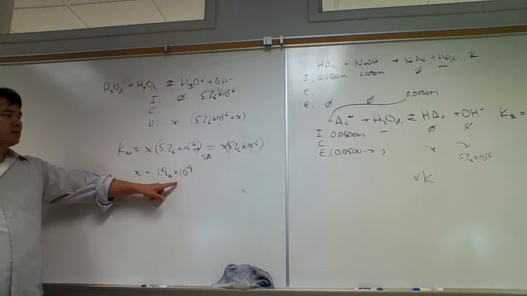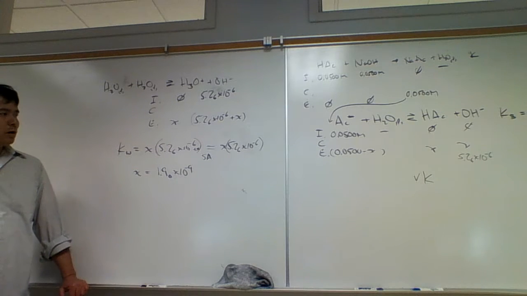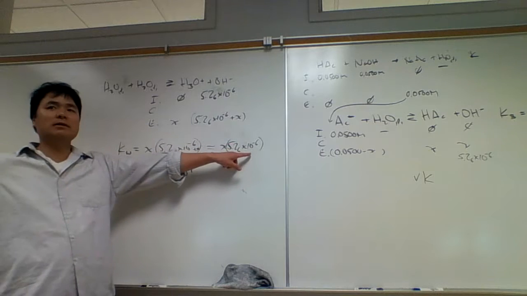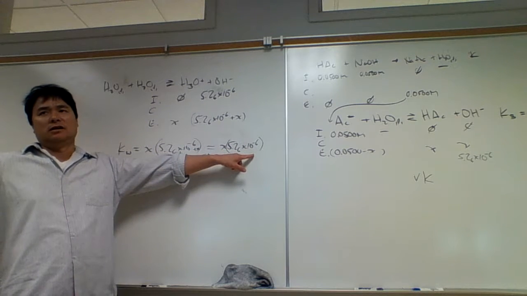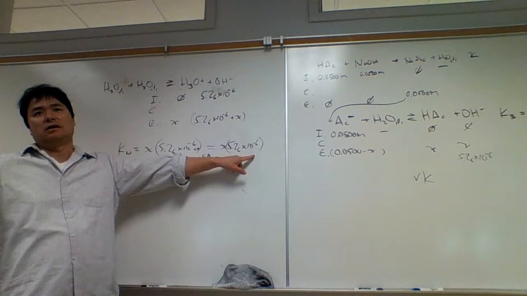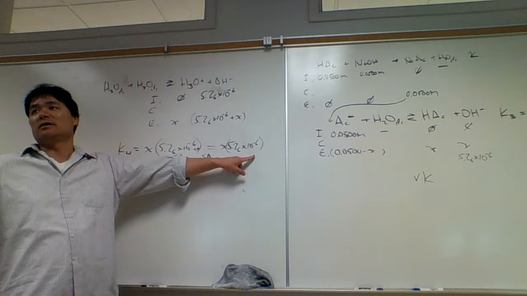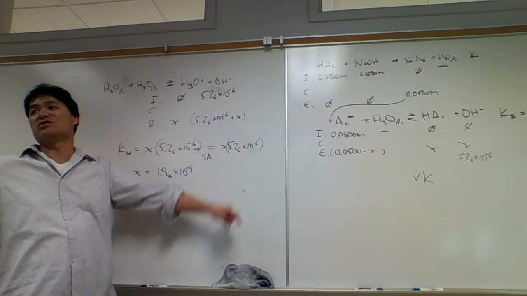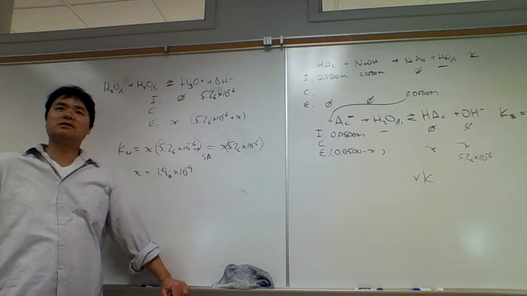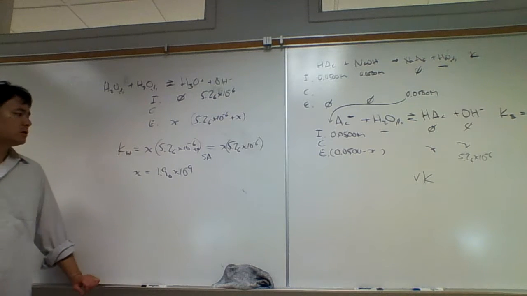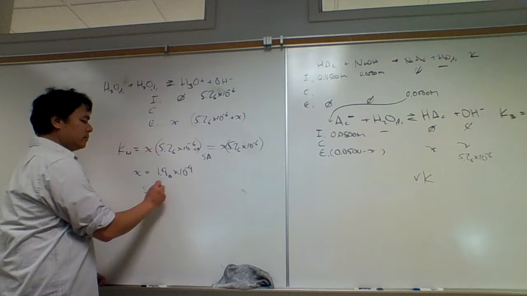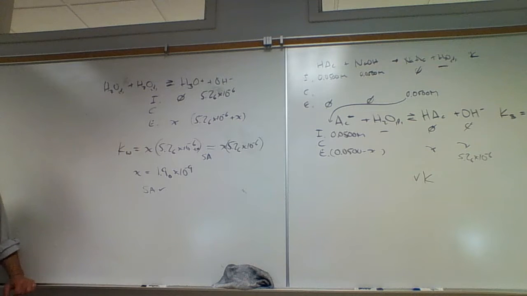Does the simplifying assumption work? Is it justified? Yeah. I mean, this is 10 to the minus 9 divided by 10 to the minus 6 gives us 10 to the negative 3 times 10 squared gives me 10 to the minus 1%, less than 5%. And so the SA is okay. The percent change is way less than 5%, and so it worked.